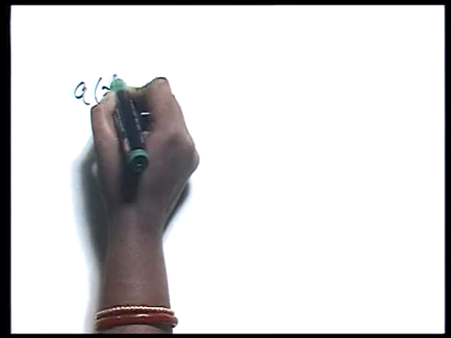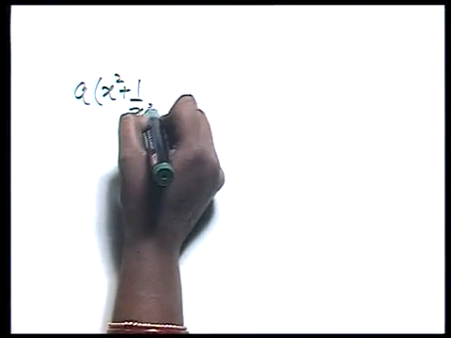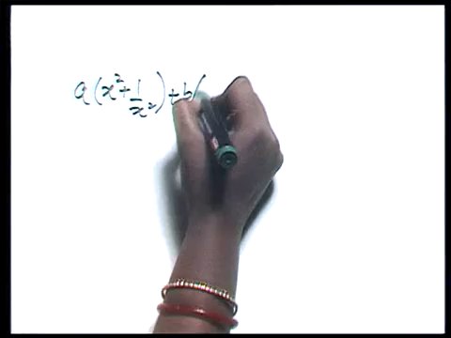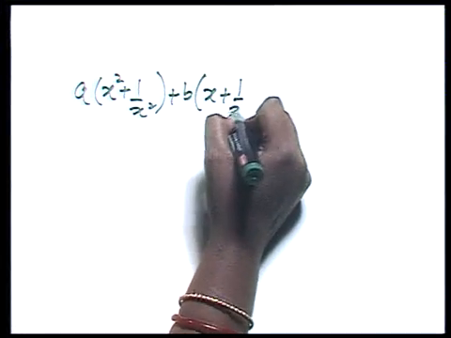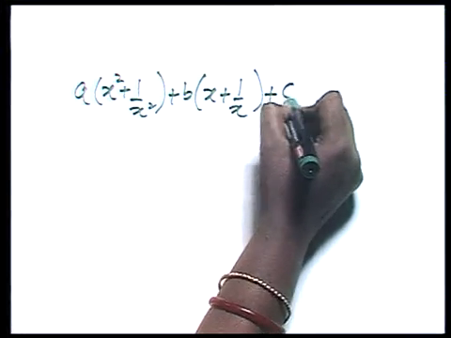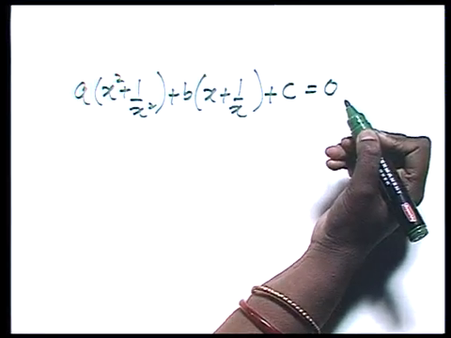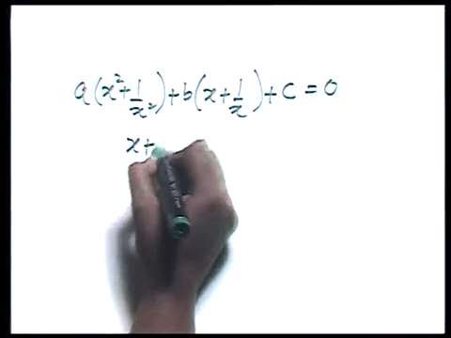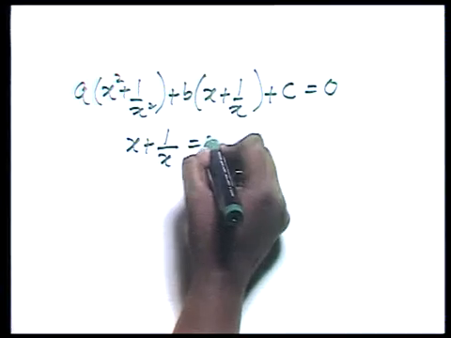Thus we find that we can solve equation of the form a x square plus 1 upon x square plus b into x plus 1 upon x plus c equal to 0 by simple substitution x plus 1 upon x is equal to y.